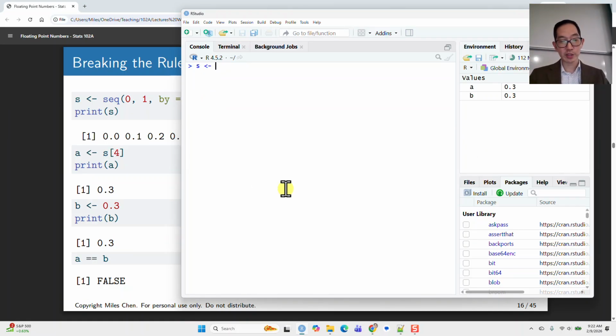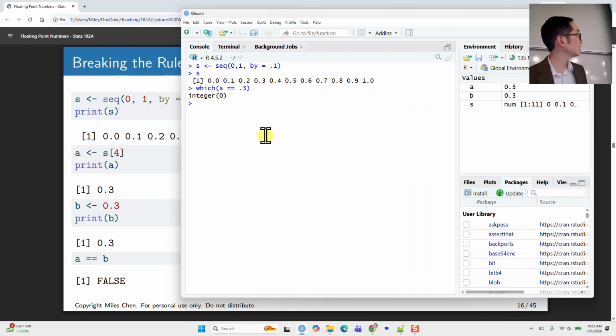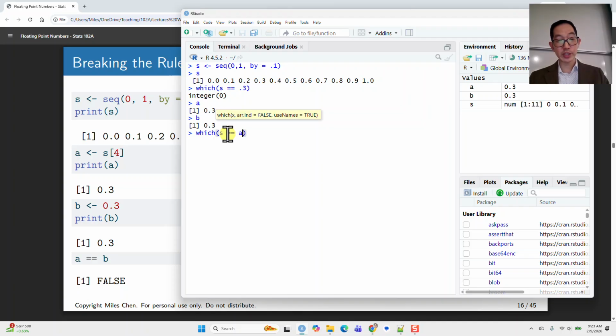So here I make a sequence again from 0 to 1 by 0.1, and I have S. I could ask, which of S is equal to 0.3? I'm expecting the fourth value to come back as equal to 0.3, but it says integer 0. Here I have A and here I have B. Which of S is equal to A?